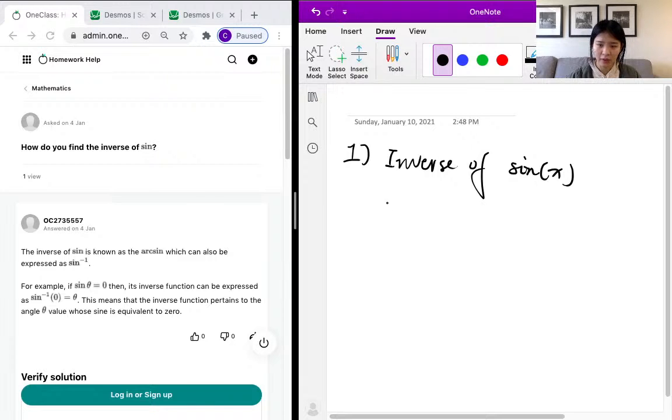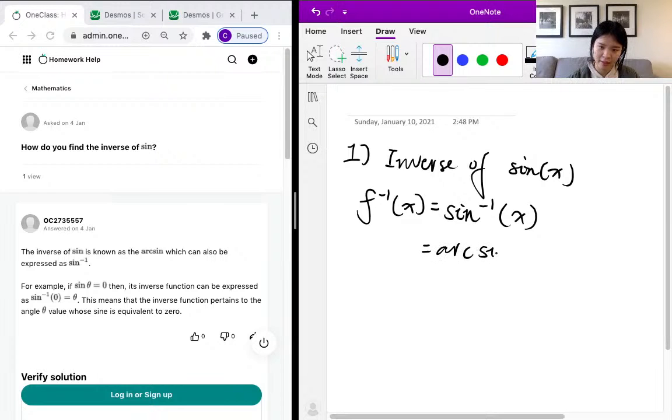Okay, so it's actually already defined by mathematicians. So the inverse function of sine of x is called the arc sine function. It is also written as sine to the power of -1 of x, which is the arc sine function.